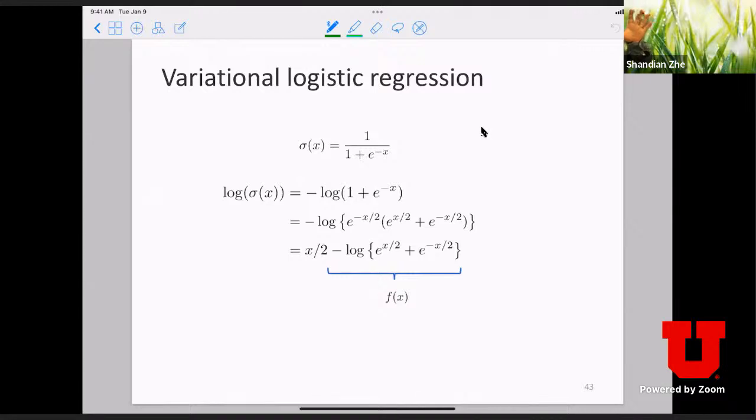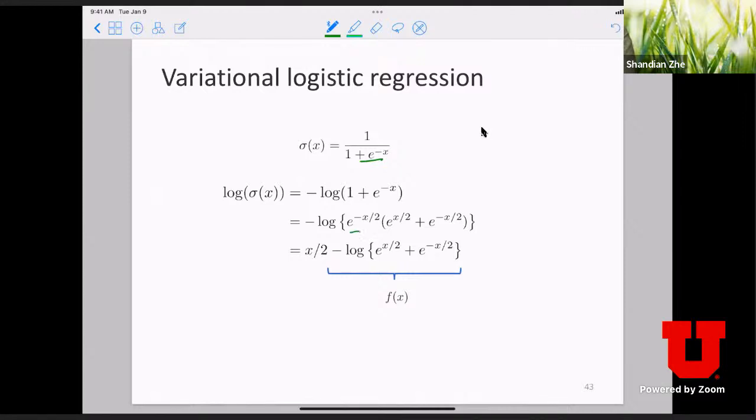Let us see if we can find a part of log sigma x that is convex, and construct some convex lower bound. If we look at log sigma x, it is log of 1 over this term; we just move the minus sign to the front. It is minus log of 1 plus e to the power of minus x.